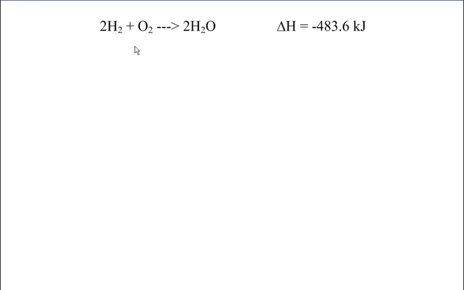Well, we're going from 3 moles of a gas to 2 moles of a gas. So we're going from 3 to 2. I would predict that we'd have a negative delta S. And if we look, it actually does have a negative delta S. Delta S in this case, delta S of the system, is negative 88.9 kilojoules per Kelvin mole.